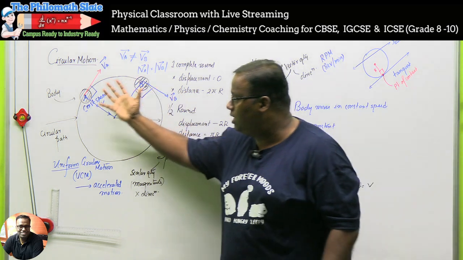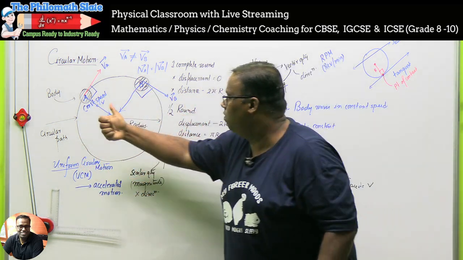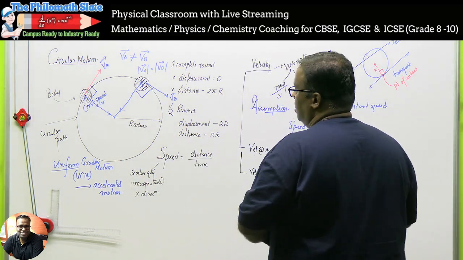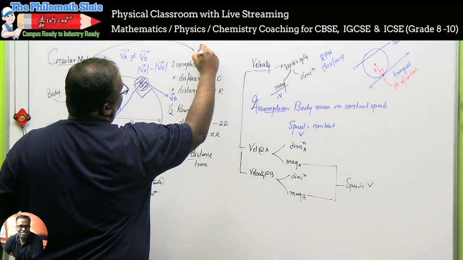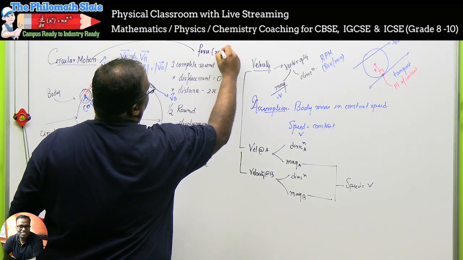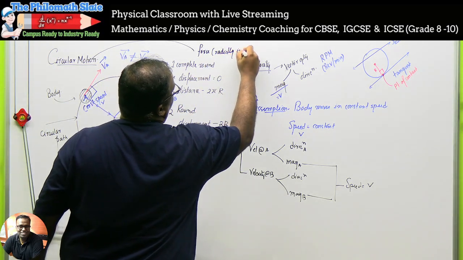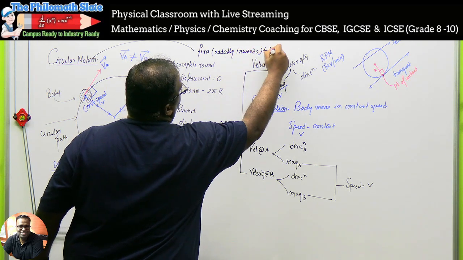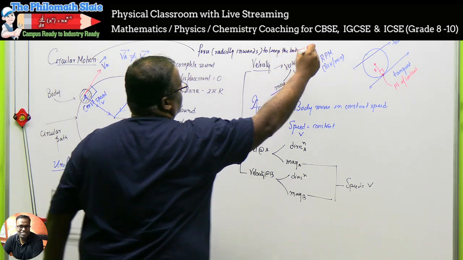So in order to have a circular motion, there has to be a force which is always directed radially inwards towards the center. Let's write this down: for circular motion, you need a force, and that force should be radially inwards, to keep the body in its path.